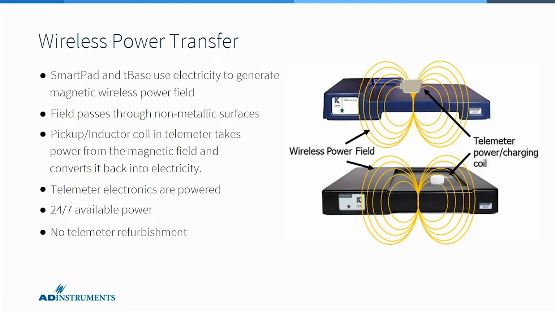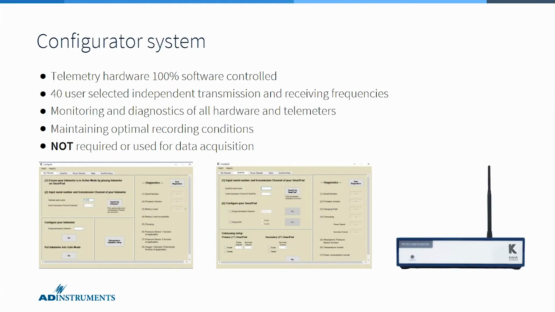It also removes the need for refurbishing telemeters. So the rat telemeters can actually be explanted from the animal and reused, and the number of reuses depends on the application and the type of telemeter that we're talking about. And the mouse telemeters are actually designed to be used once and then disposed of, and priced for that as well.